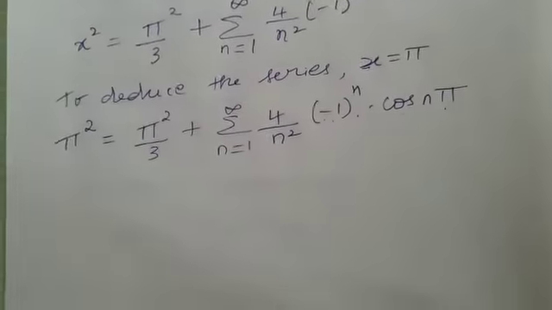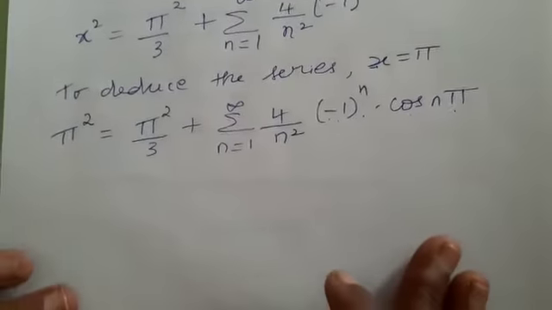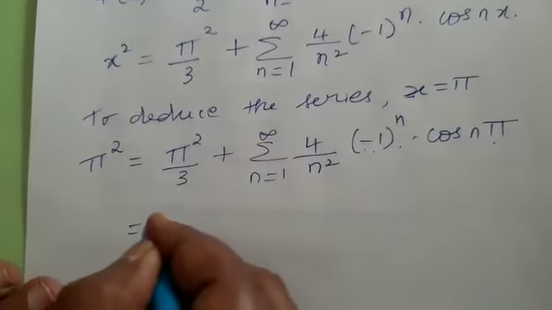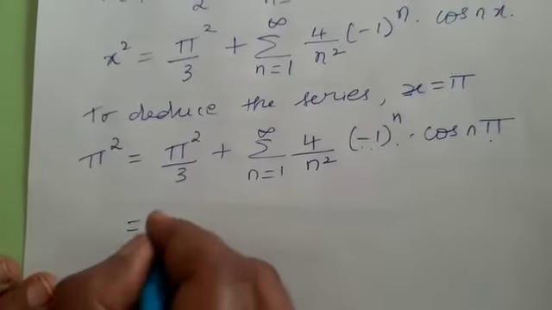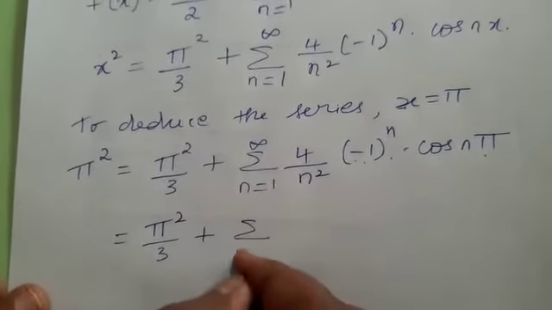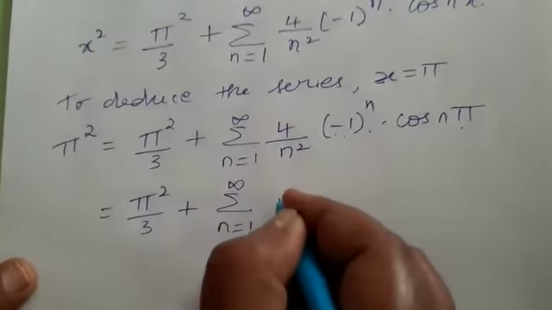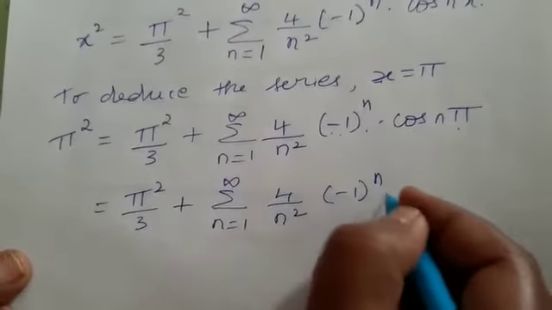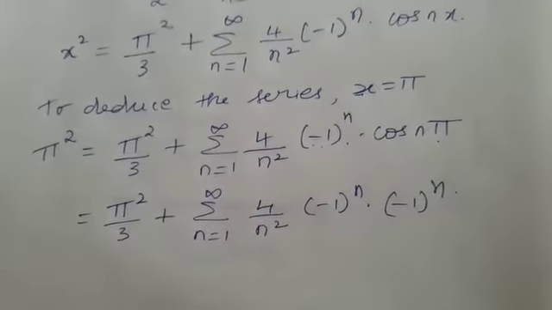So let us substitute that here. So we are remaining with π²/3 plus summation n equals 1 to infinity 4/n² (-1)^n into (-1)^n.